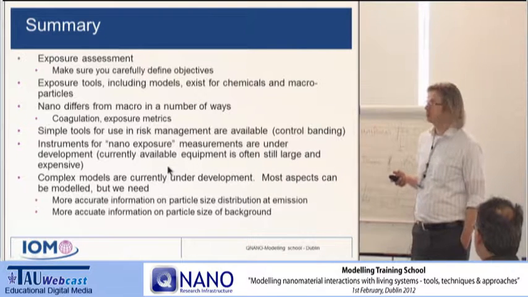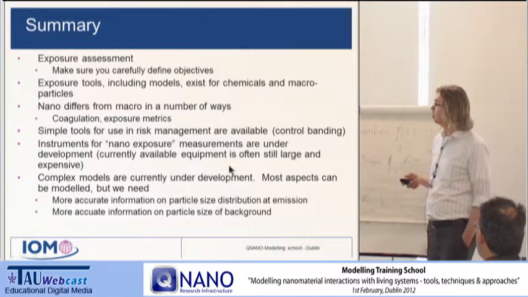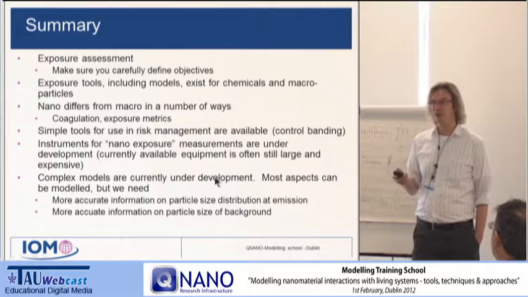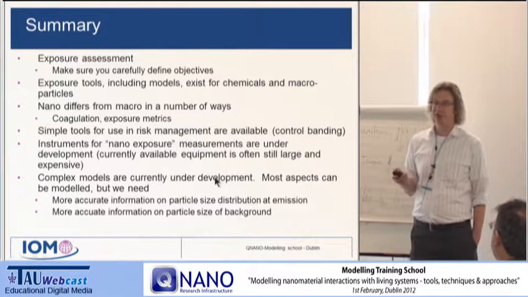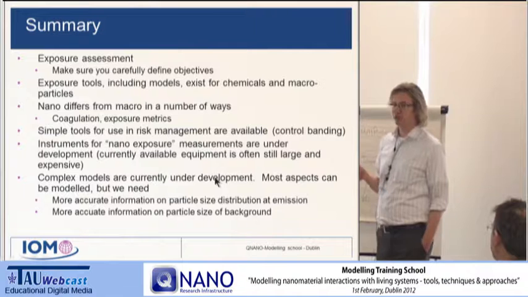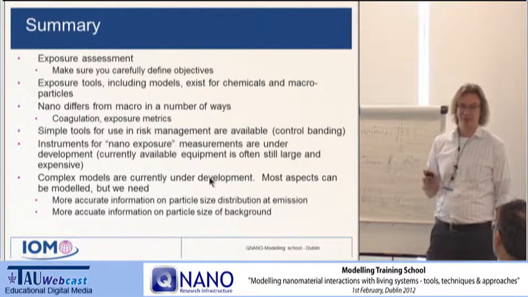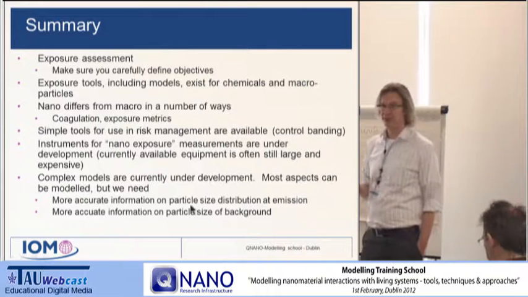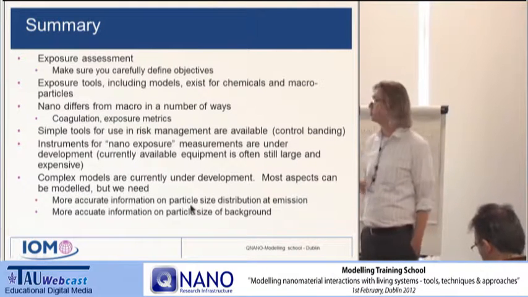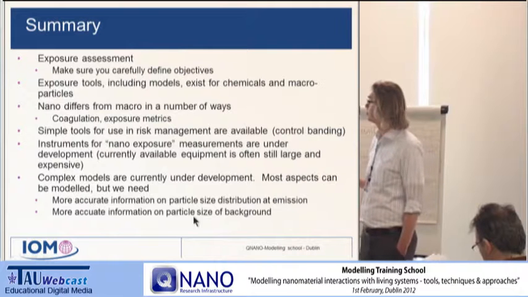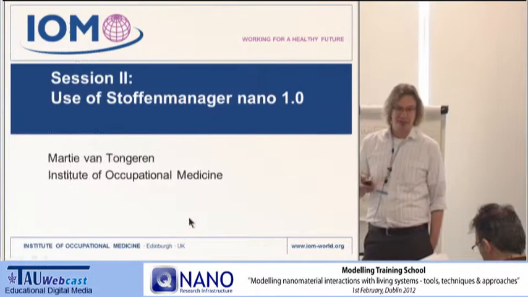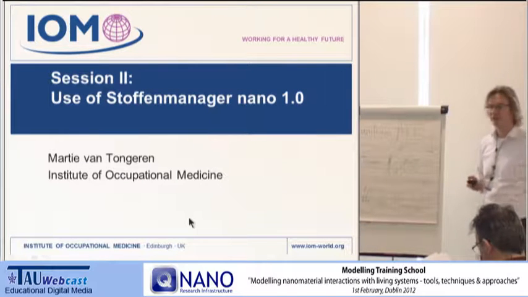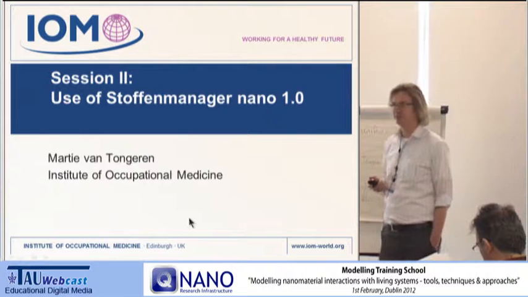There are instruments, both measuring and modeling, that are under development, and hopefully within the relatively near future, we should be able to update the ART model so that we also have a nano ART tool that will give us a little more confidence about the exposure assessment that we're doing. So that's my first talk. Do you have any questions so far on this part?